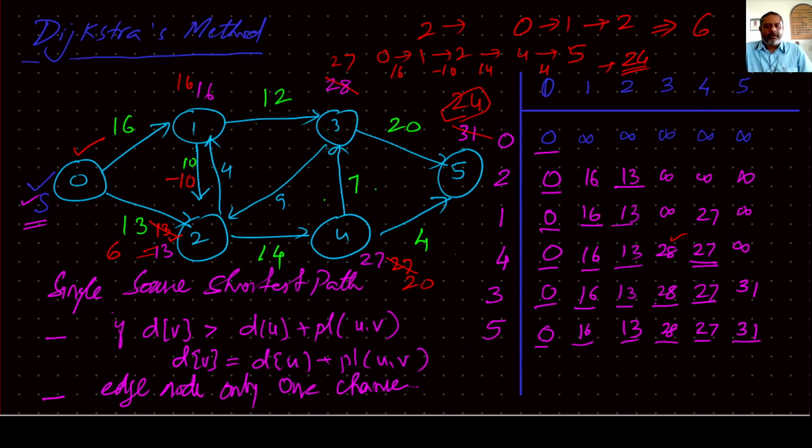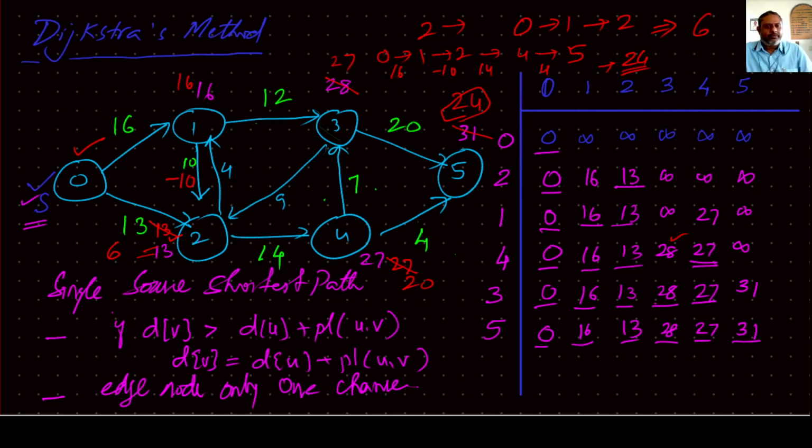there is no chance of its value reducing by any other path, because that has come earlier. Coming earlier means the values, if you look at it, keep increasing. So we started with 13, 16, and next time we got 27, 28, the next time we got 31. So if you have a bigger network, then as you continue further, the numbers keep increasing, they cannot decrease, because it's a physical distance, as you move away and away, the distance has to increase, it can't reduce.